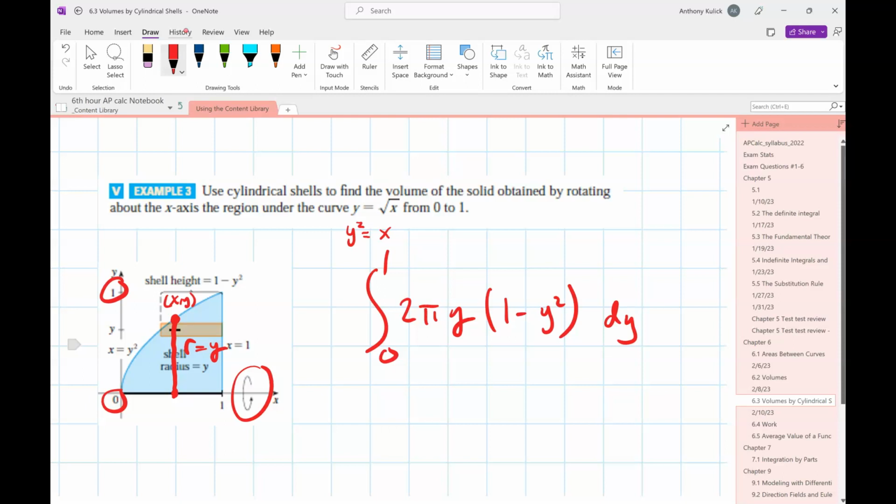The height of my cylinder is going to be back over the shaded piece. I'm just picking an arbitrary one. This would not be the first one that I would build, but I'm just building an arbitrary cylinder because all I need to figure out is symbolically what is r and h, so that I can plug them in.